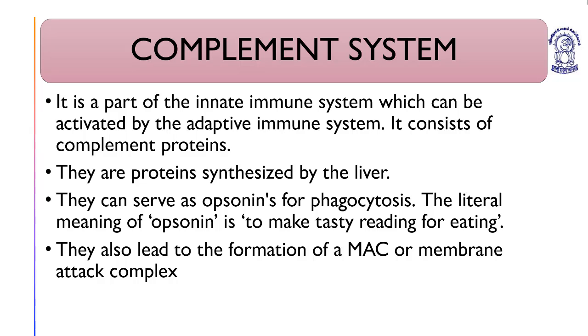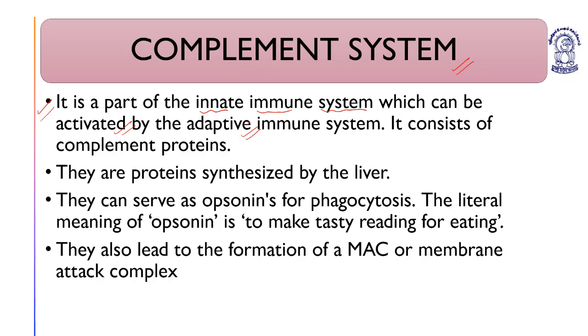Now we are going to discuss the complement system. What is this complement system? Complement system is part of the innate immune system, which can be activated by the adaptive immune system.